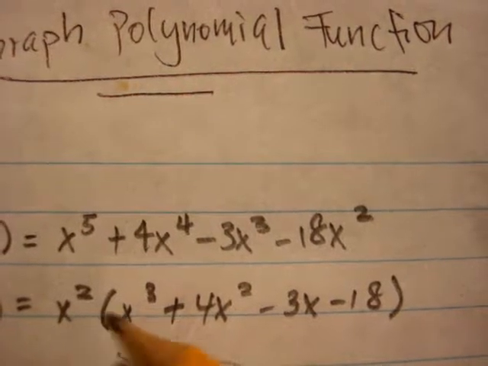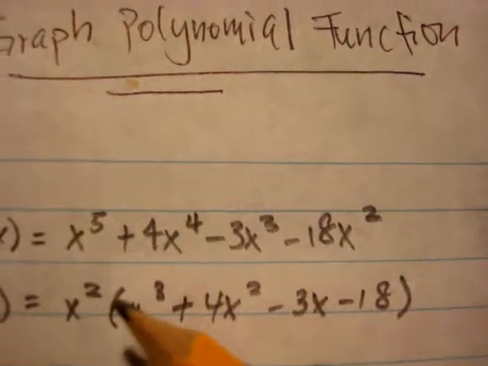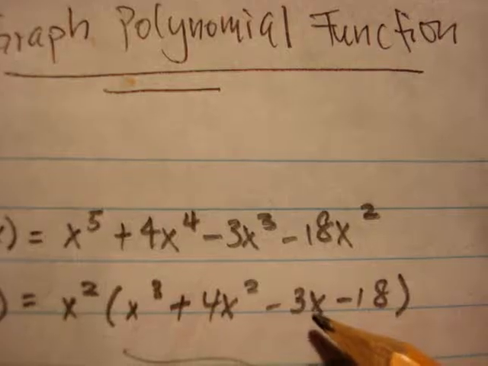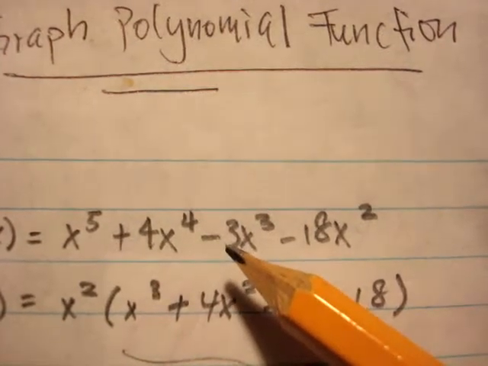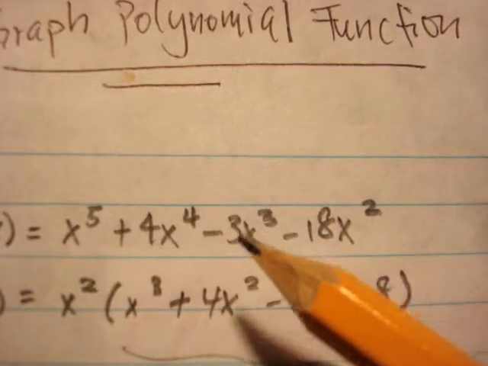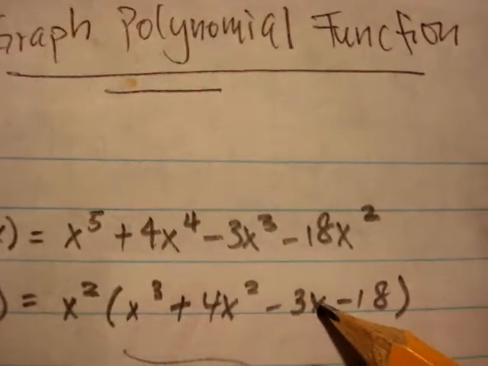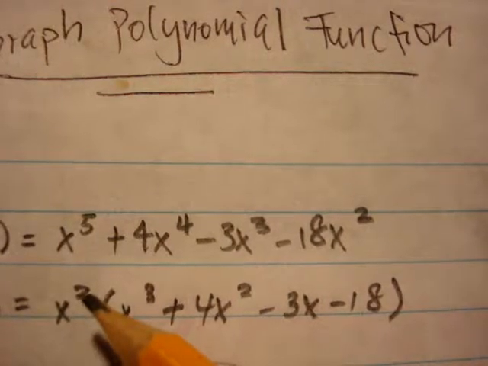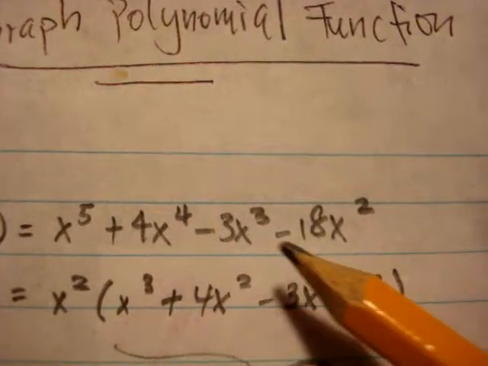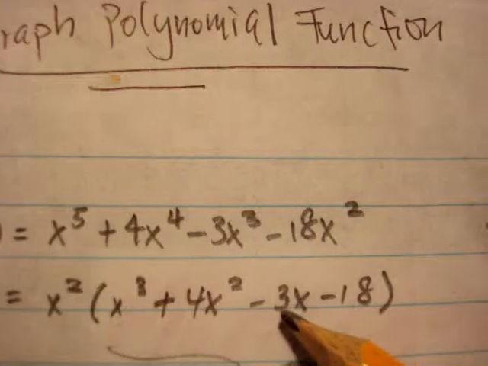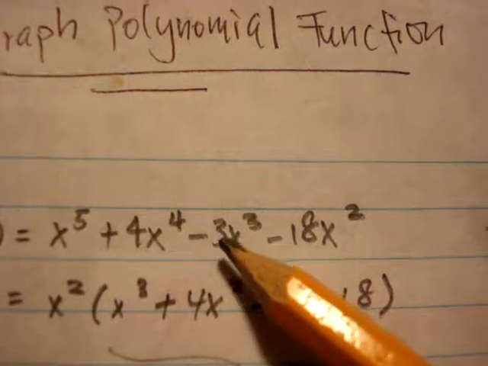The third term is x squared times negative 3x, and it will become negative 3x to the third, because x squared times x is 2 plus 1, which is x to the third, and negative 3 times 1 is negative 3.